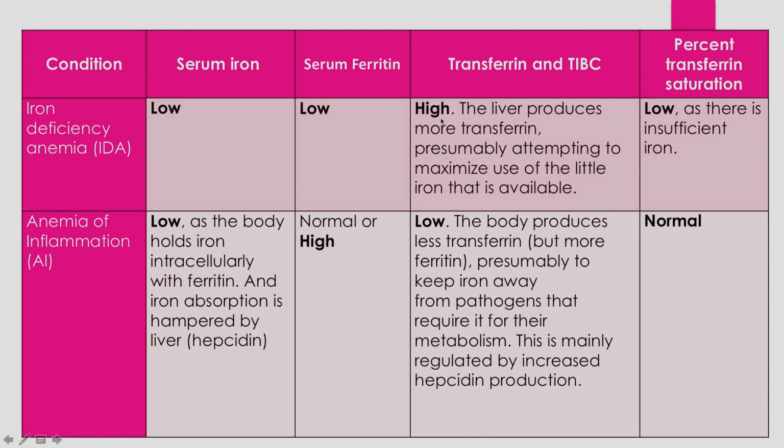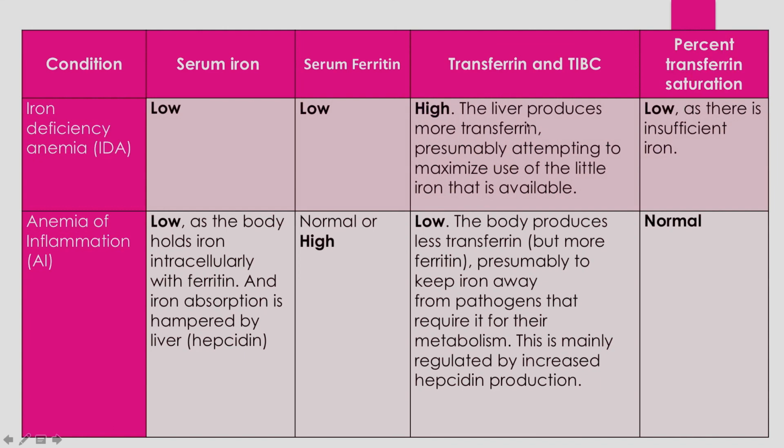But the transferrin proteins, which are measured by the TIBC levels, will be high, because the liver starts producing more transferrin to maximize the transportation of iron to the erythroid precursor cells, for example in the bone marrow. So the TIBC levels will be high in iron deficiency anemia, but the transferrin saturation will be low because there is no iron.